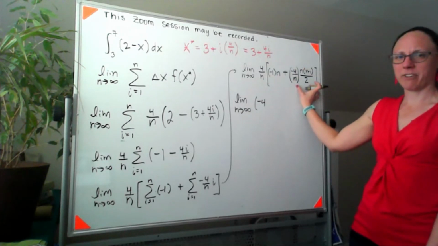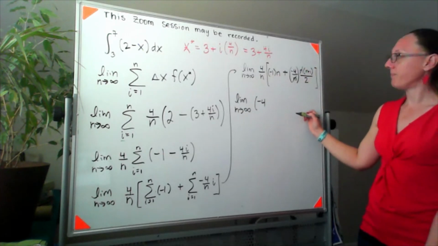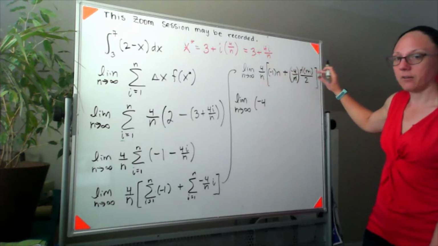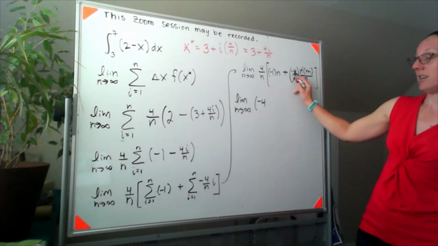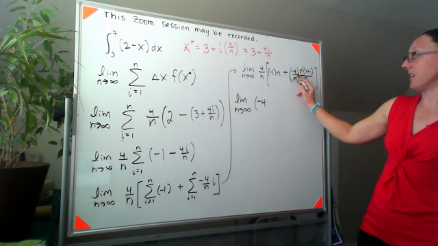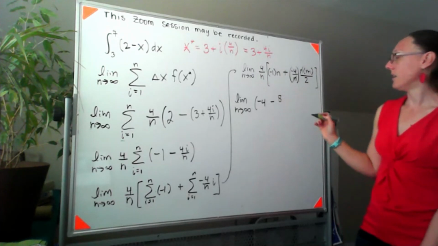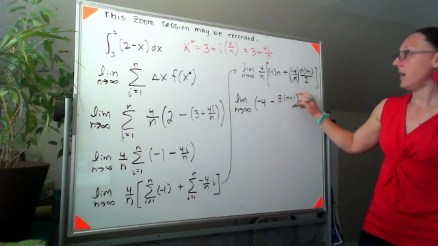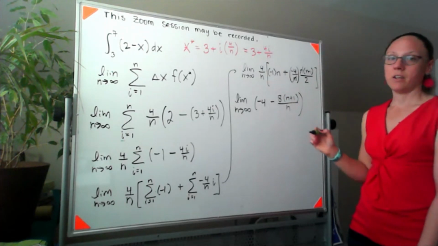Let me clean this up first because that n and that n are going to cancel out. When I distribute that 4 over n in, I'll have 4 times negative 4, which would be negative 16 divided by 2. So I'm at negative 8. Still have that n plus 1 on top. And on the bottom, I'll have that n.